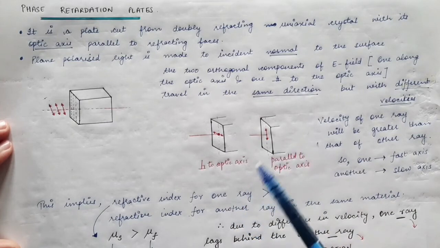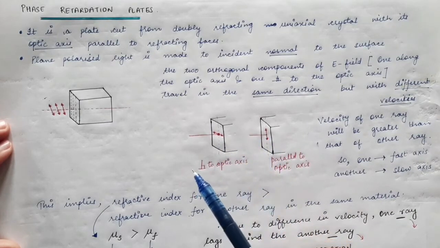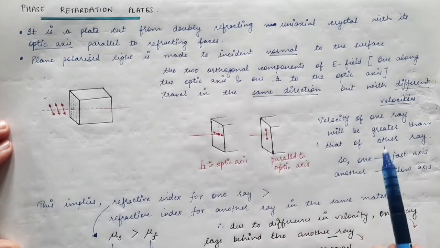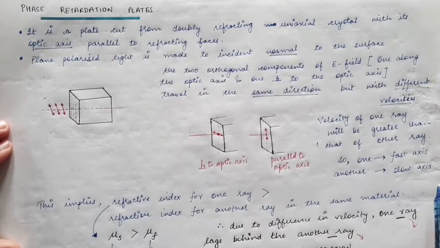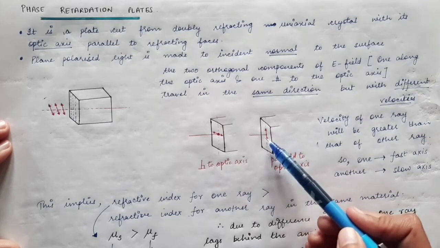Now we are saying that the two orthogonal components move with different velocities, so one will be moving faster than the other. Accordingly, we will say that one axis is the fast axis and another is the slow axis. Let's say the parallel component is moving faster.